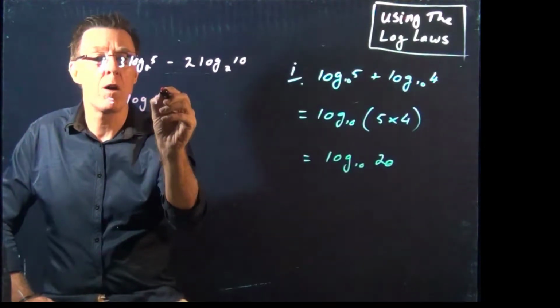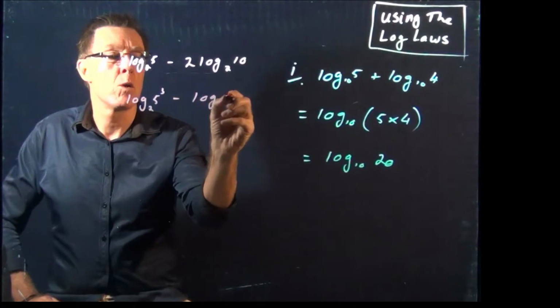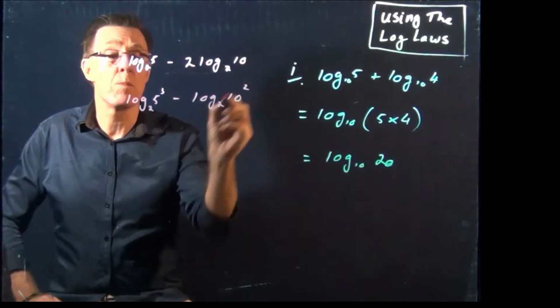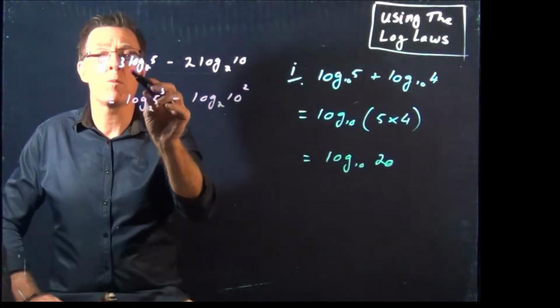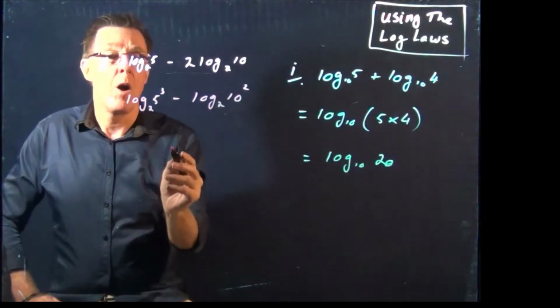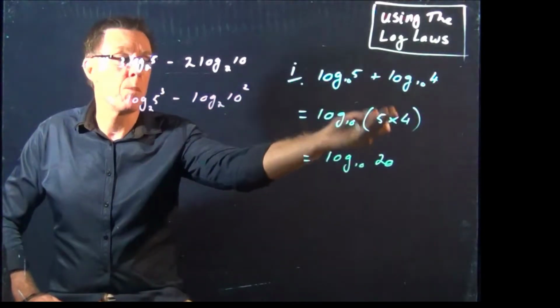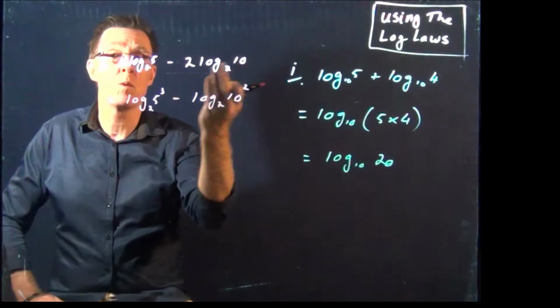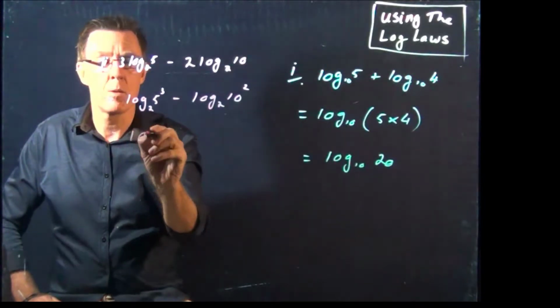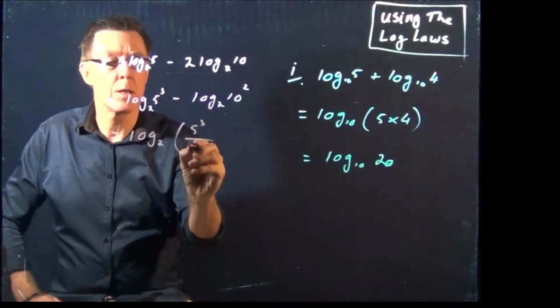So log of 5 to the power of 3, base 2, take away log of 10 to the power of 2, base 2. So take the multipliers from the front and put them up as an index. From there, I now have log of a number, subtract log of a number. So instead of the multiplication one, this is law number 2, the division one. So I can now do log base 2, and these 2 numbers divided together.